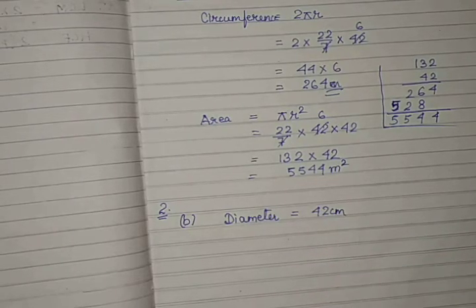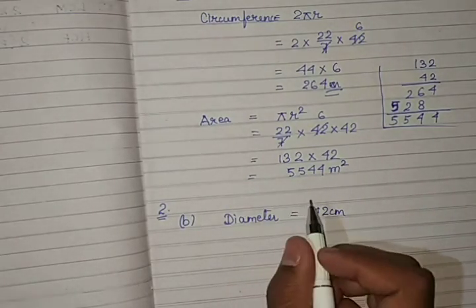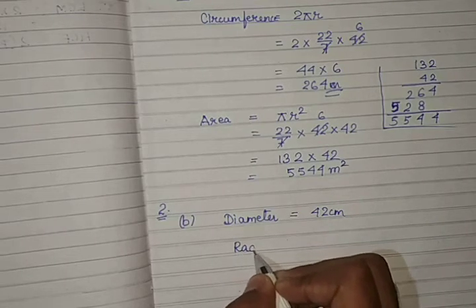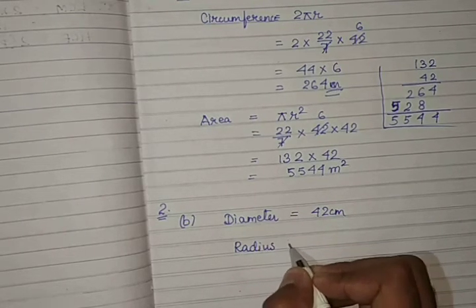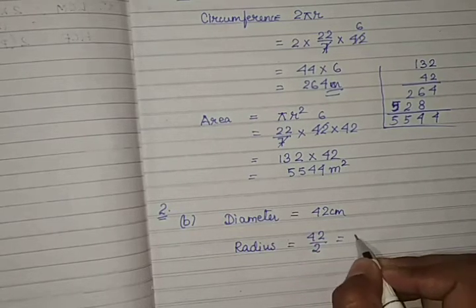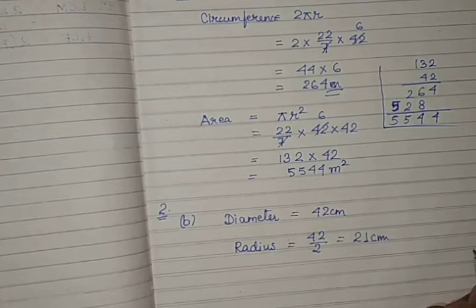Now if you remember, I told you at the outset of the video that for finding the circumference we need the radius. So radius is equal to half of the diameter, that is 42 upon 2, which is equal to 21 centimeter.